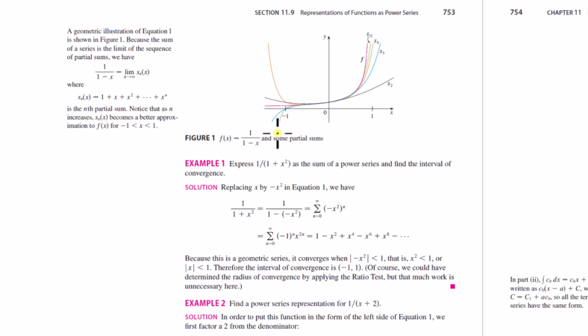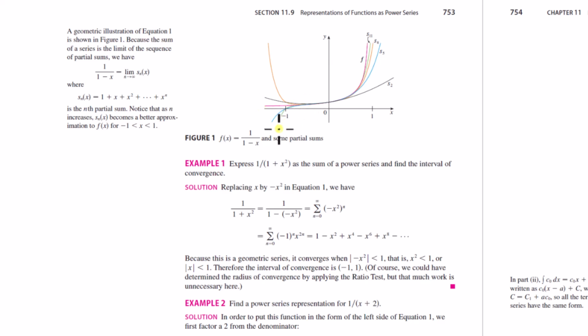So they do partial sums with n equal to 2, 5, 8, 11. You can just see it as you increase n on the s sub n. They're doing the power series sum formula with more and more terms, and it's converging. It's going to converge to f.